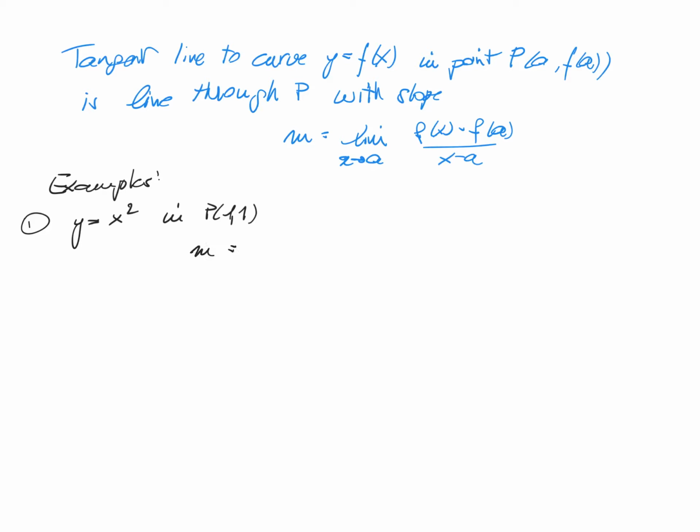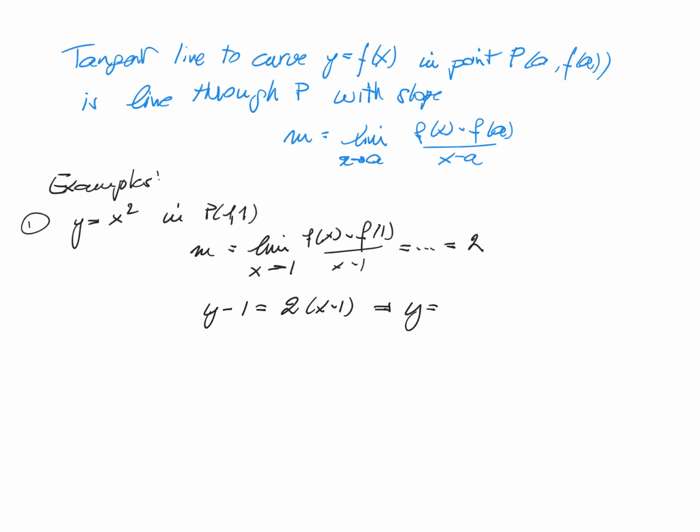So we had the slope was the limit of (f(x) minus f(1)) divided by (x minus 1) if x moves towards 1. And we calculated the slope to be 2. Hence, my tangent line then becomes y minus 1 equal to 2 times (x minus 1), or y is equal to 2x minus 1.